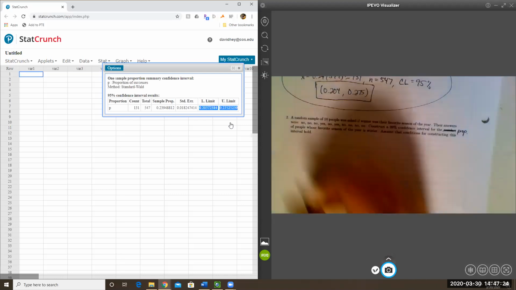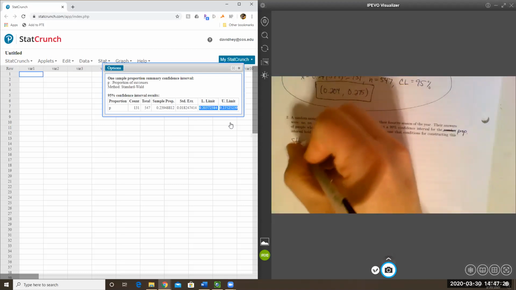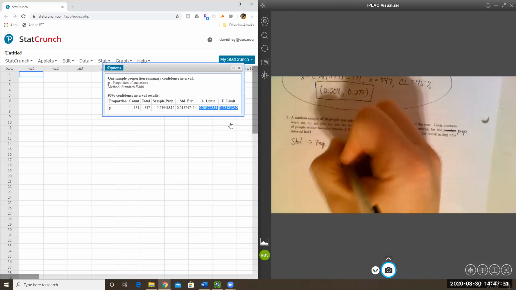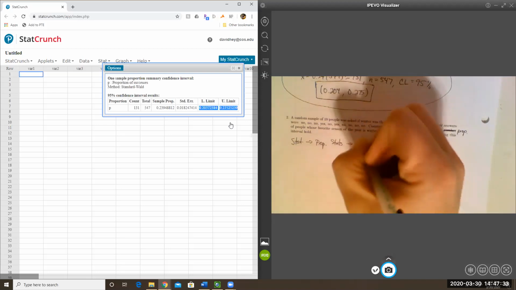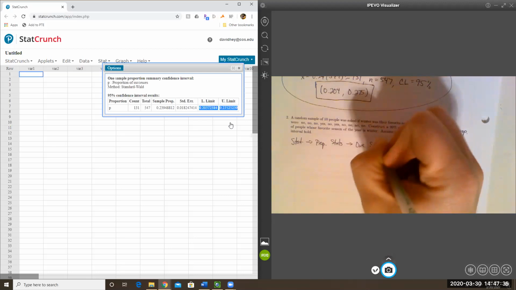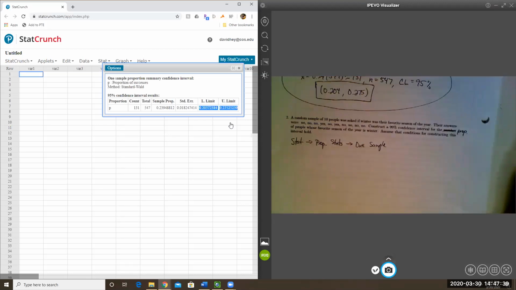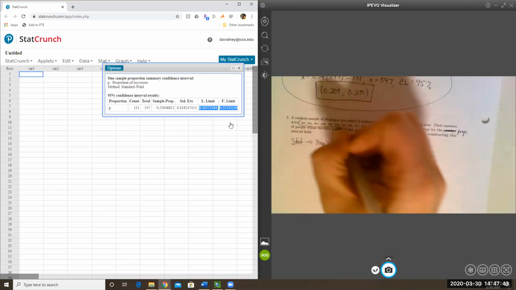To do this in Statcrunch, we would go to Stat, Proportion Stats, one sample. This time we're not going to say with summary, we're going to say with data, because we have the raw data, right? Here it is.